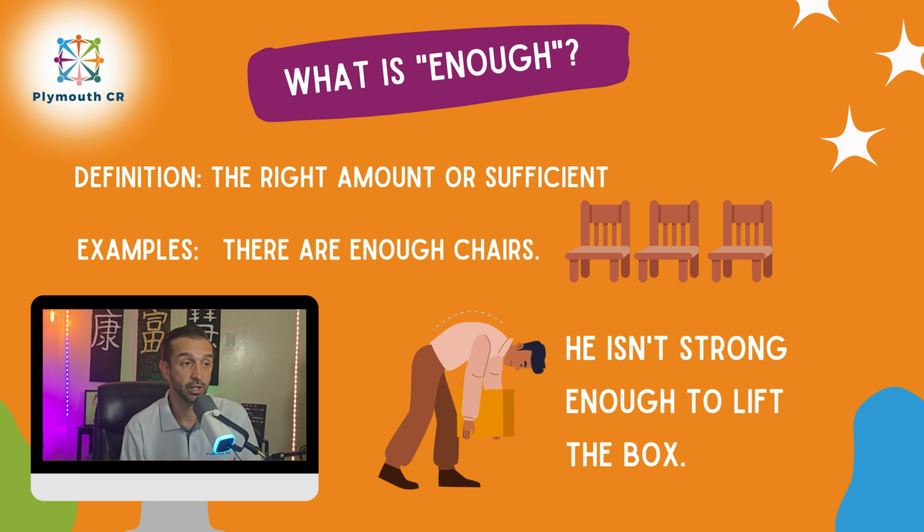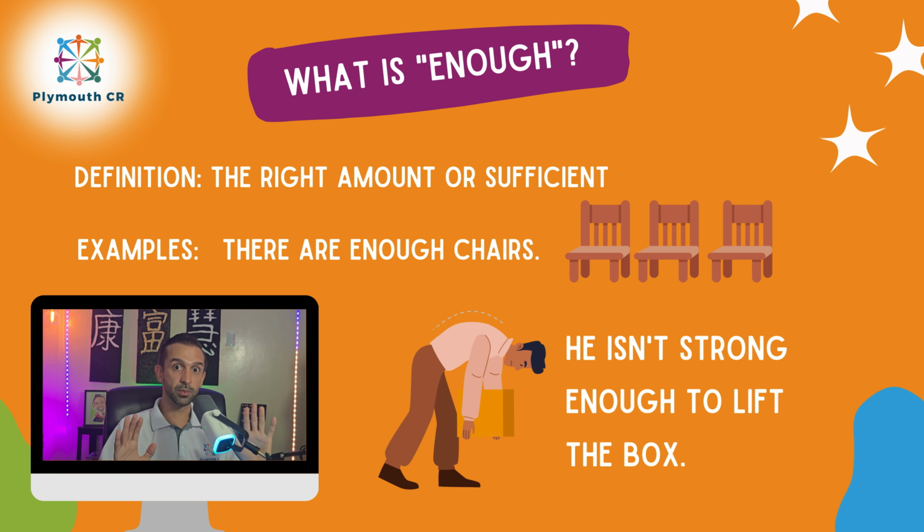We have "enough". In this case, one of the things that I want you to pay attention to is the pronunciation, "enough", like an F in there, okay? The definition is the right amount or sufficient amount of something. Now, we have two examples in here. We're going to see the structure and the difference and how we use it in the next slide. But the first example says there are enough chairs.